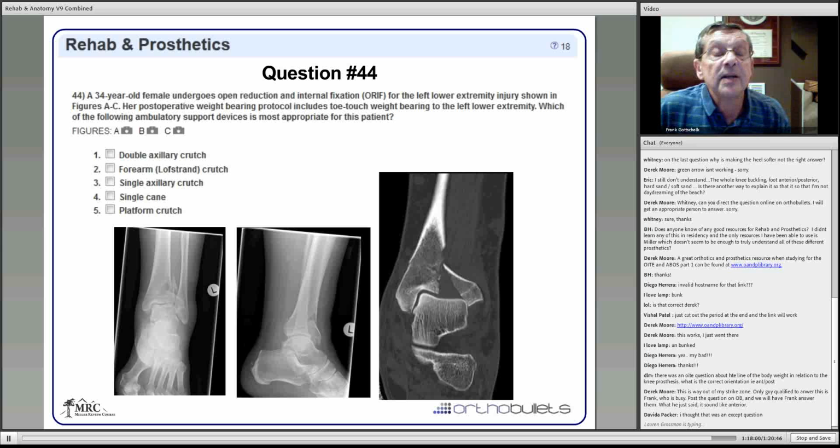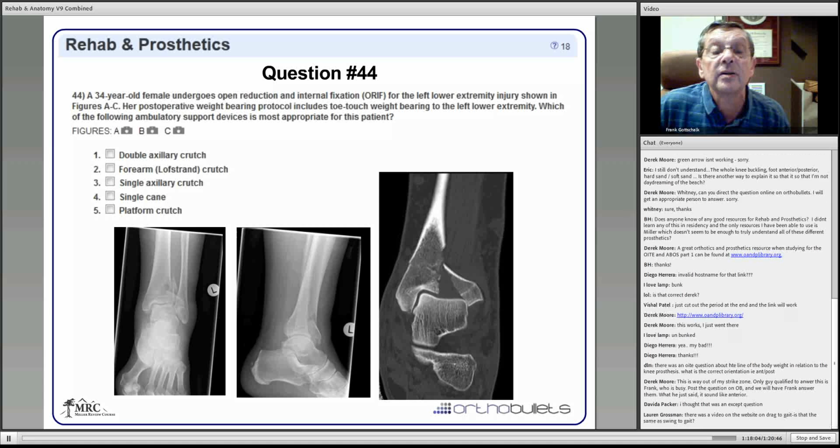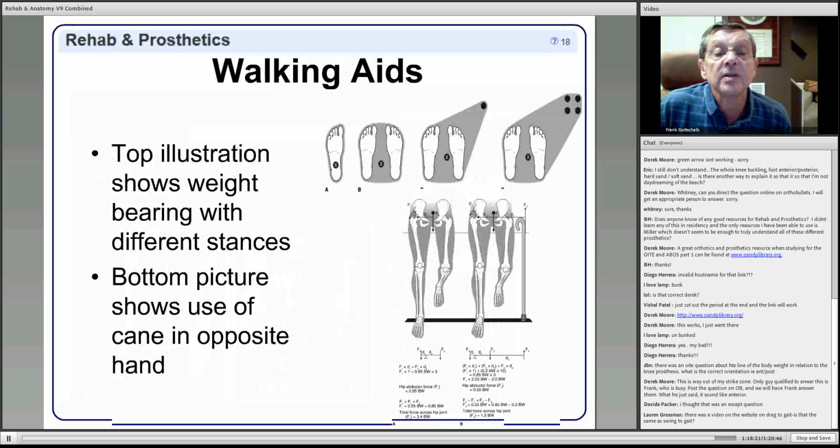Now here's another crutch question. A 34-year-old female undergoes open reduction and internal fixation for the left lower extremity injury shown in figures A through C. Postoperative weight-bearing protocol includes toe-touch weight-bearing to the left lower extremity. Which of the following ambulatory support devices is most appropriate for this individual?